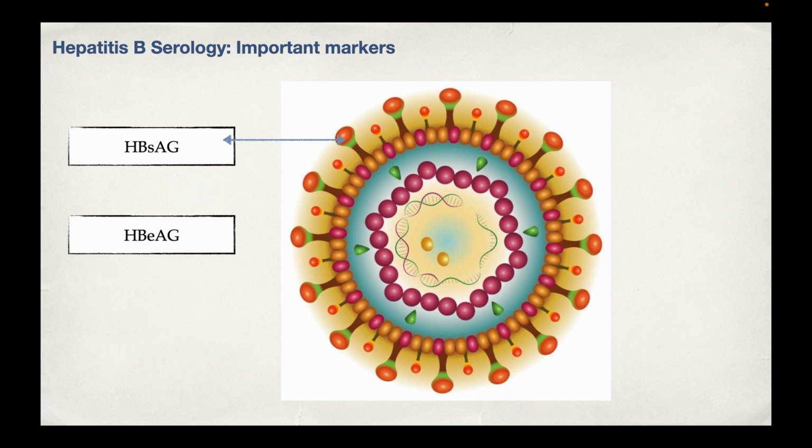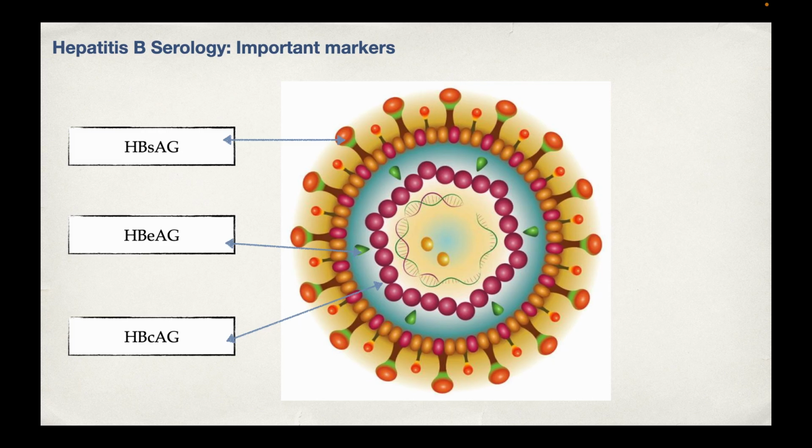Then we have the hepatitis B E antigen, which is the extracellular form of the core proteins. Then the innermost is the hepatitis B core antigen, which is found within the core of the virus. An important thing we need to know is that the hepatitis B core antigen cannot be seen in peripheral blood.